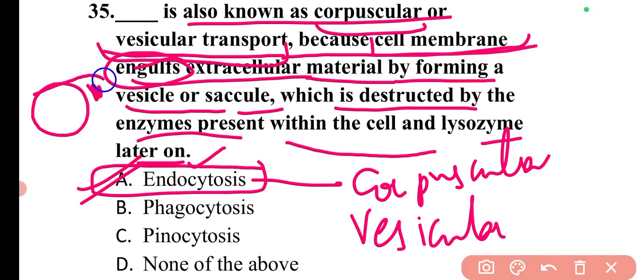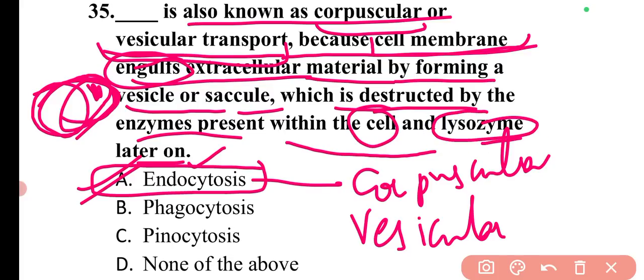It will attach and engulf it inside, and it will form a vesicle or vacuole, which is destroyed by the enzymes present in the cell, or by the lysosome. So this is the process. Phagocytosis and pinocytosis are the other subtypes of endocytosis. One is cell eating, and the other is cell drinking.